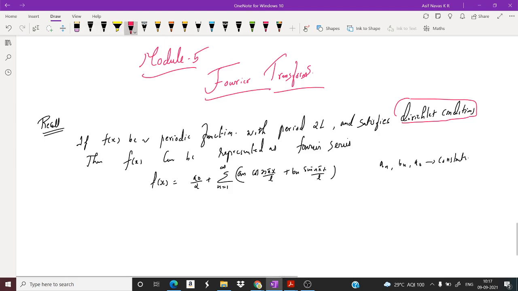So here for a Fourier series, the function must be periodic. That is a condition.